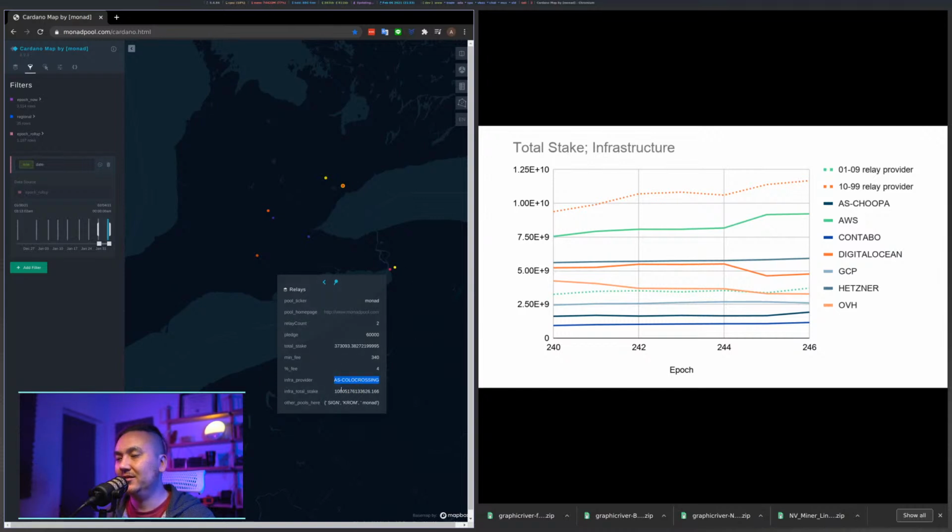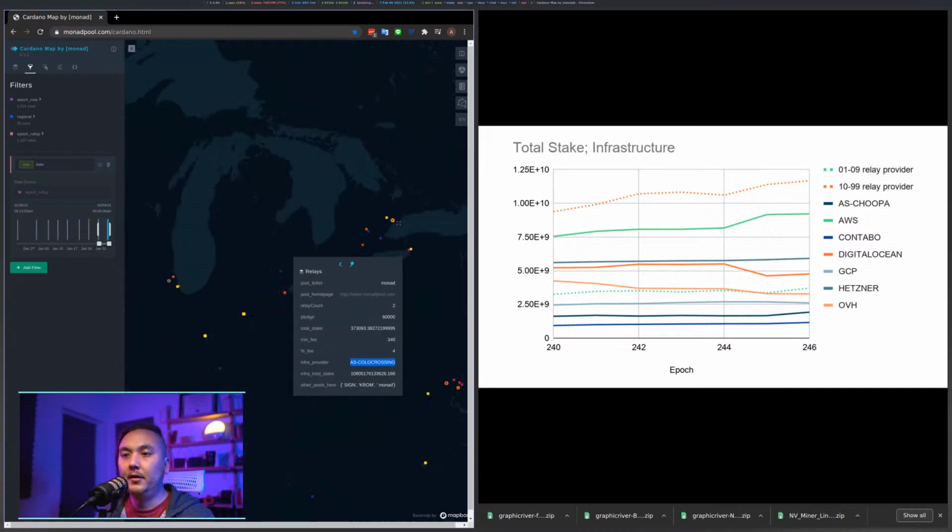So this is not totally accurate, but it does give you an idea of what kind of infrastructure I see there.